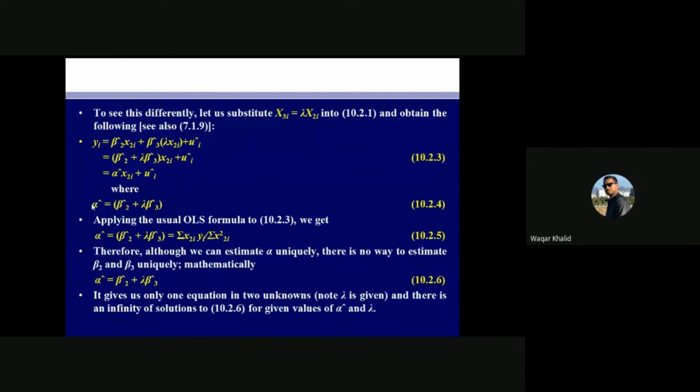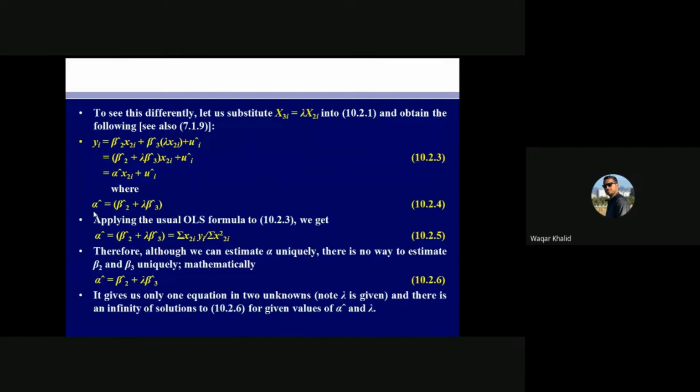This is a parameter. My question is how you will interpret this value, because alpha is not a single slope; it is a combination of two slope coefficients, beta 2 and beta 3. So in this case, you are not able to interpret beta 2 and beta 3.